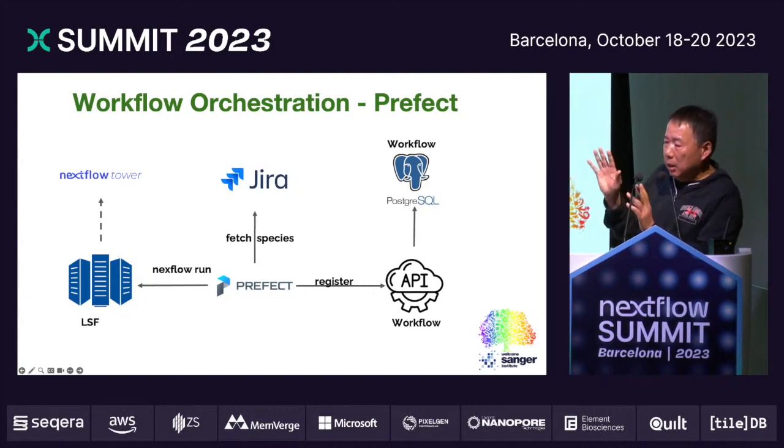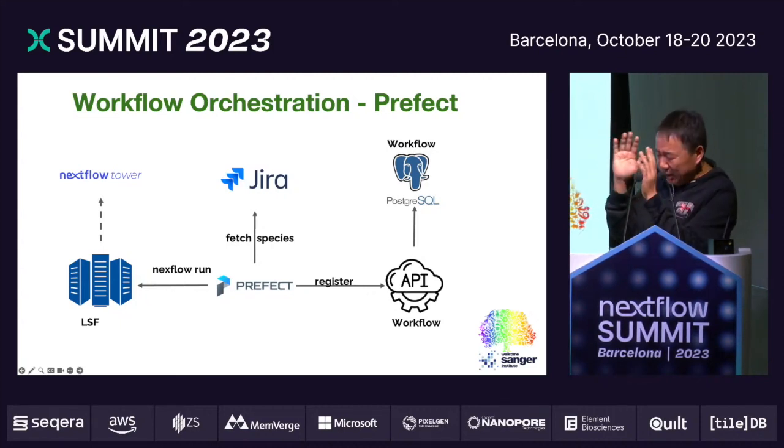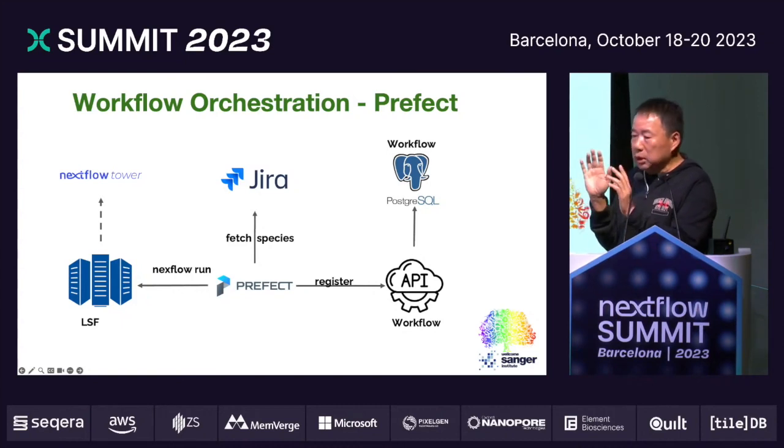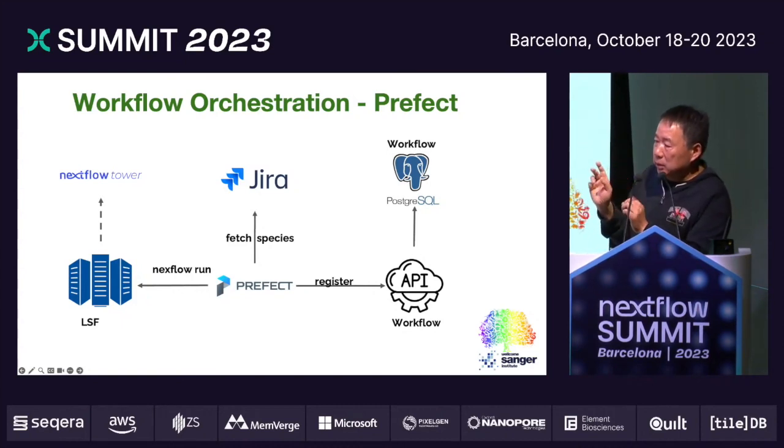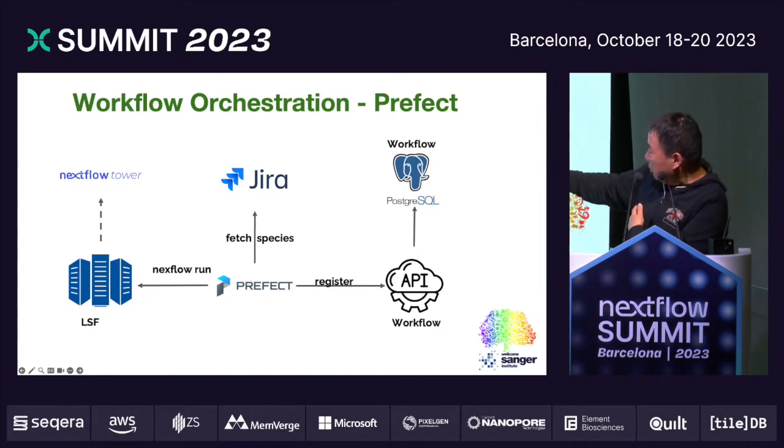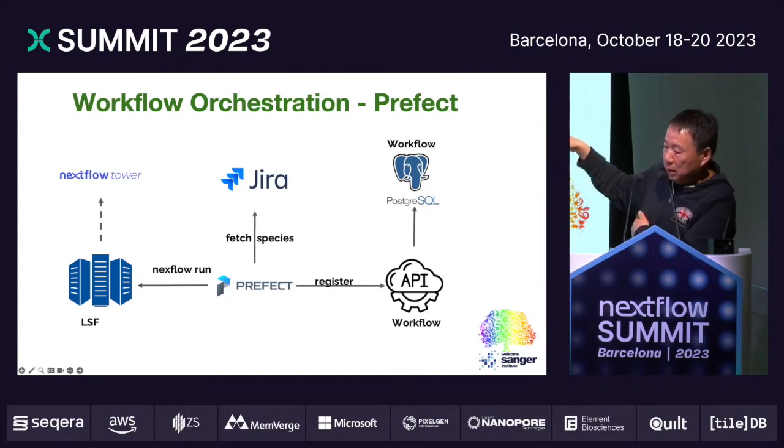We have input templates. You go to Jira, you get the species, you fill in the template, and then you get the configuration, the input for Nextflow. We pass this configuration to Nextflow. Then the prefix, through the API, actually runs our Nextflow run on our farm.